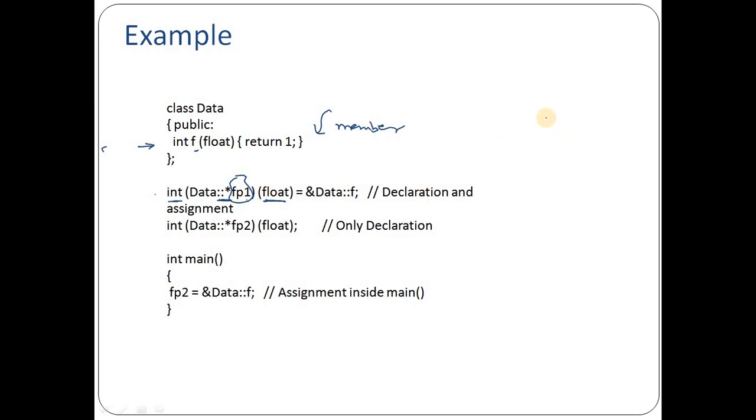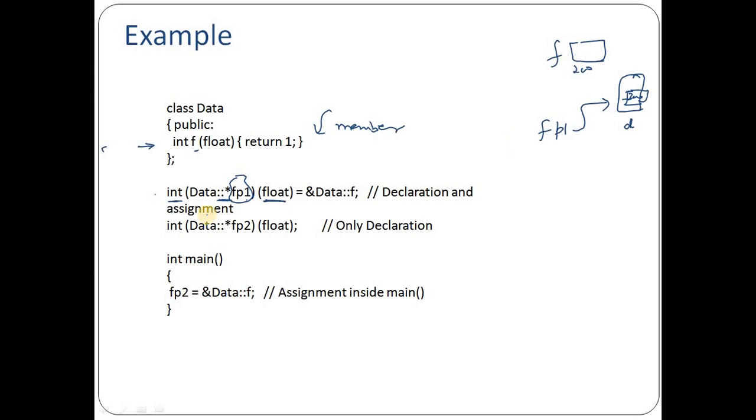Now this fp1 is pointing to the function f, which is defined somewhere in the memory. Suppose f is defined somewhere in the memory at the 200 location somewhere in the stack, and the address of that is contained in the object of class data. Suppose the data class has some object like d. Okay, so this address is going to be assigned to fp1.